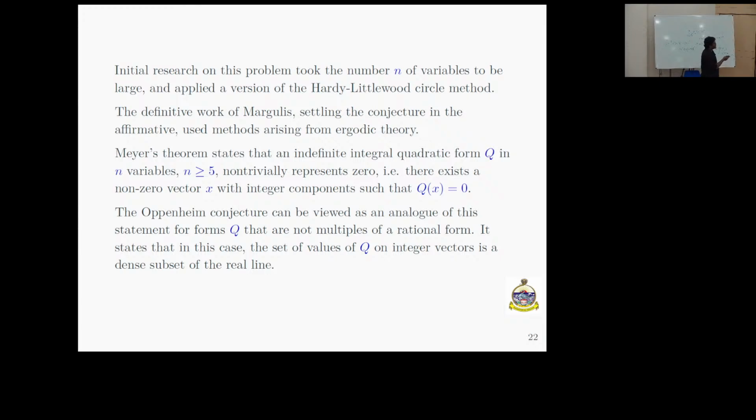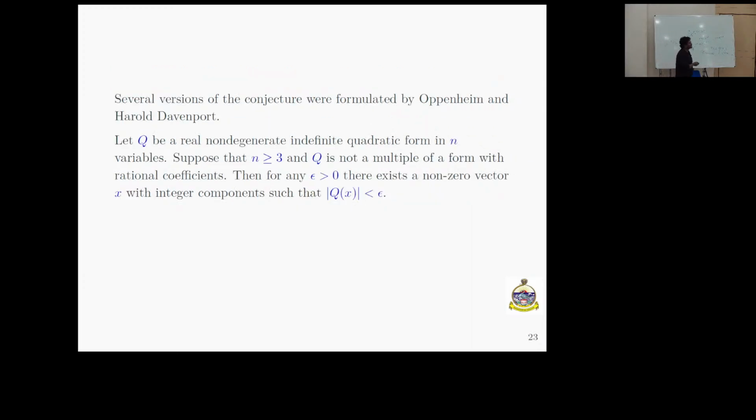In our case, what I was saying is that the set of values of Q on integer vectors is a dense subset of the real numbers, right? And there are many analogs of the Oppenheim conjecture. One of the famous analogs is due to Oppenheim himself.